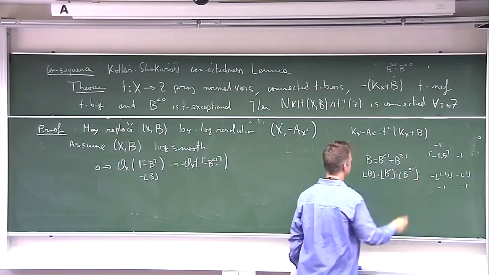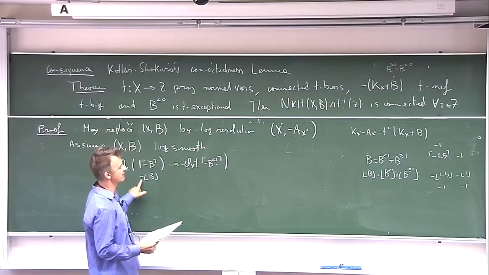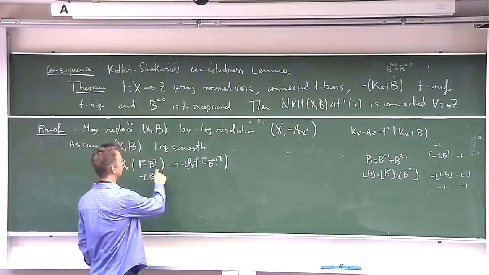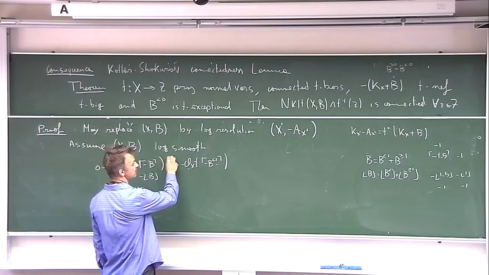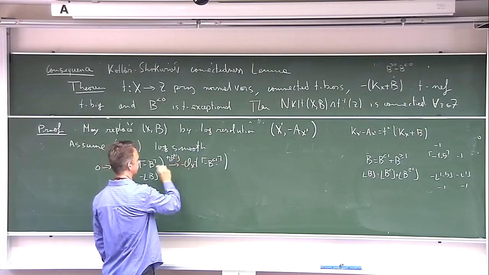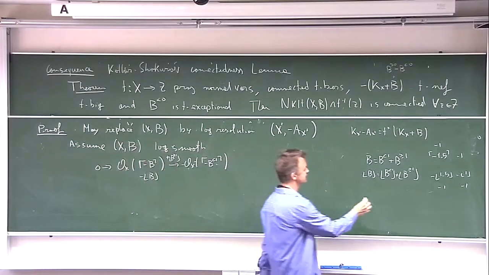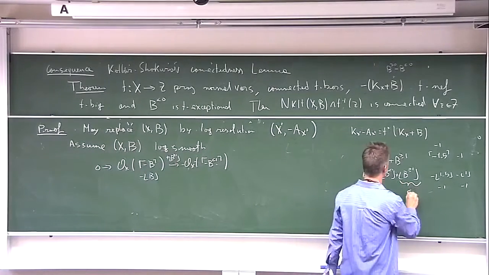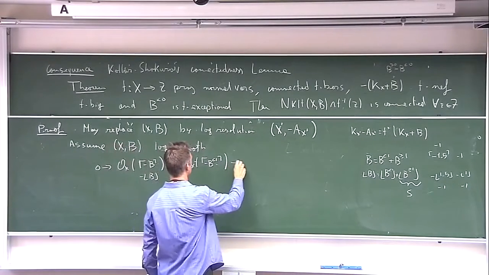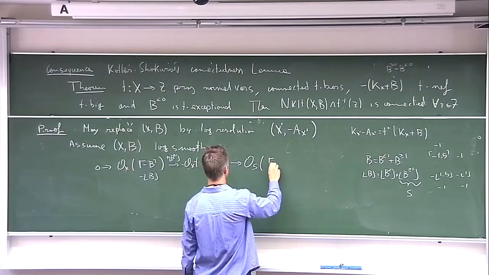I'm not saying anything interesting. But the point is that we have a minus sign here. So the map from here to here should be given by adding the divisor, round down of B greater or equal to 1. So since that's a bit of a mouthful, let's call this divisor S. And so the co-kernel of this, X is smooth, so there's no tricky stuff, is this.